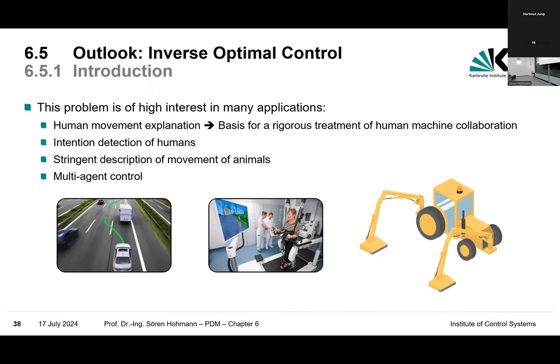Then it's obviously necessary to know what the patient is doing, right? So it's necessary to know the behavior, the movement of the patient, right? And the problem, otherwise the robot is doing something the human doesn't want to do. So the behavior of the human is of importance for such cooperative systems. So necessary information.